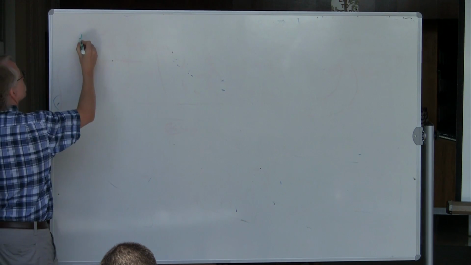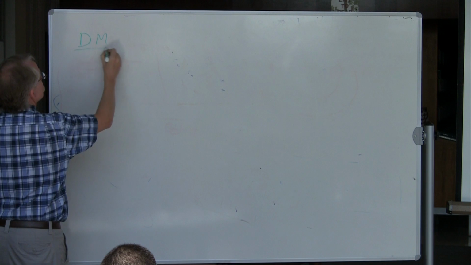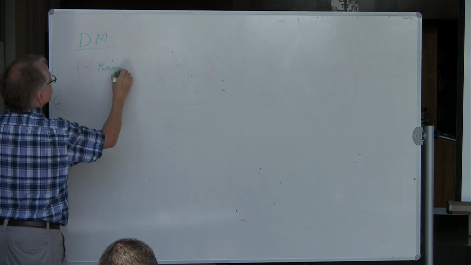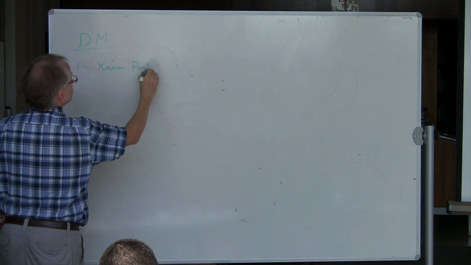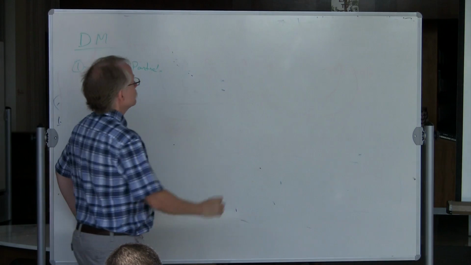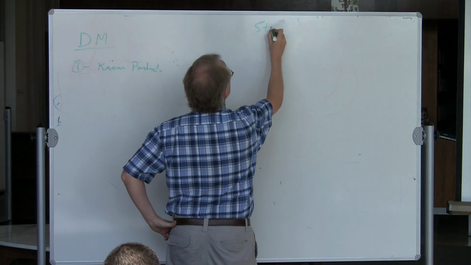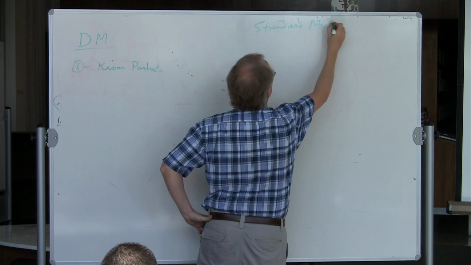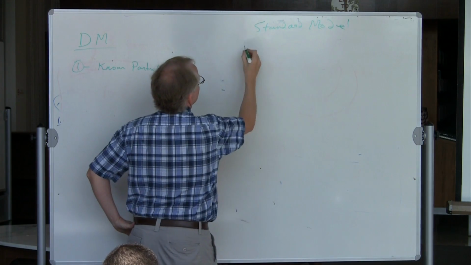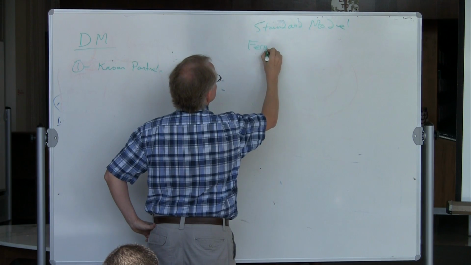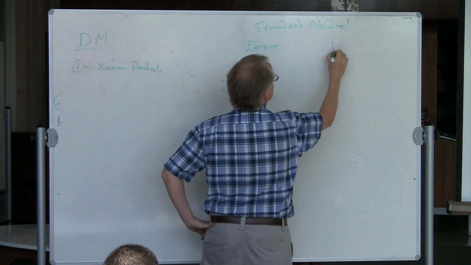To figure out what dark matter is, the rule of the game is, first we look at known particles. The standard model looks like this. We have a collection of particles called fermions, and a collection called bosons.